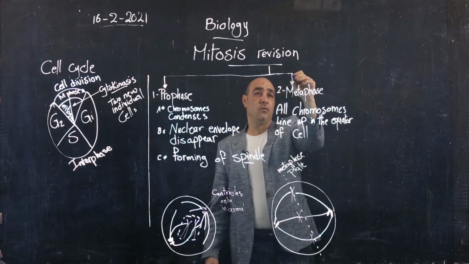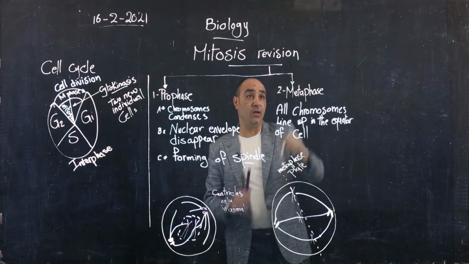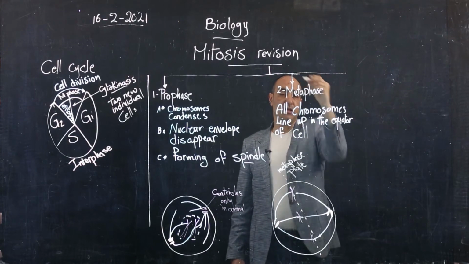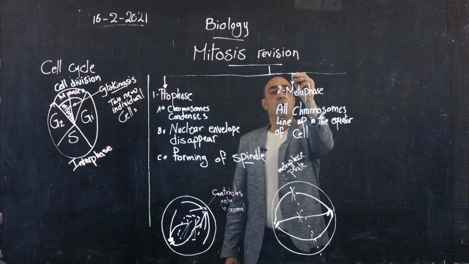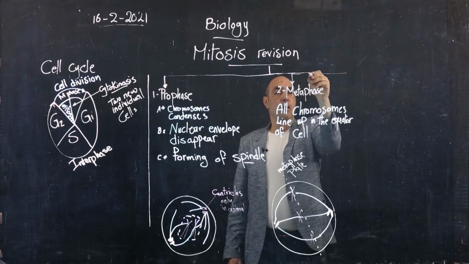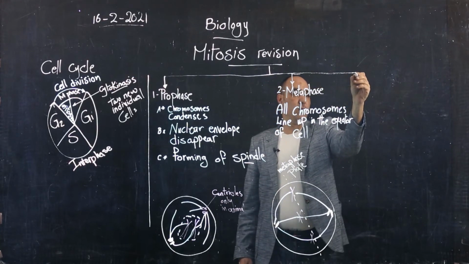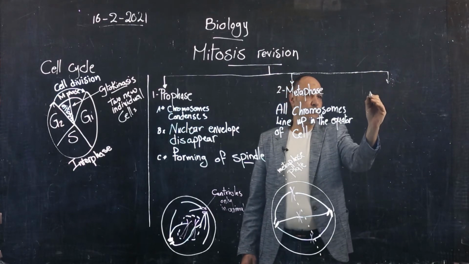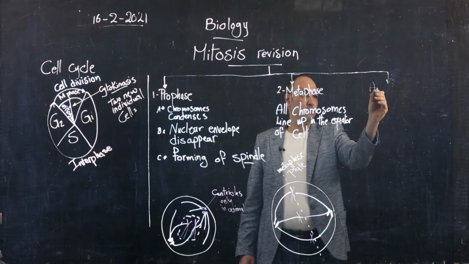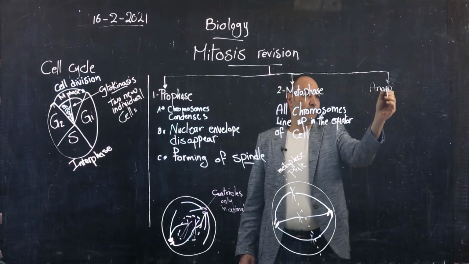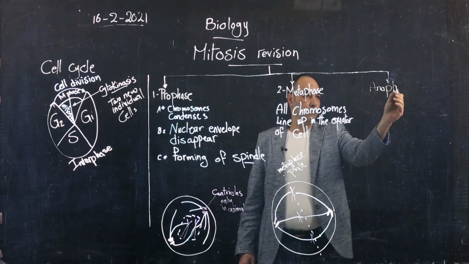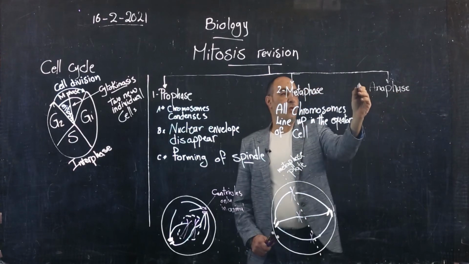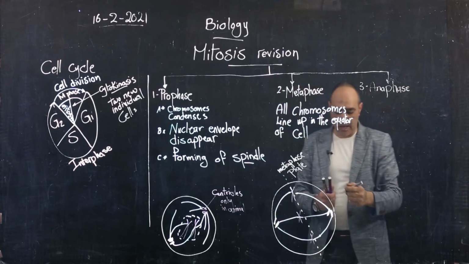Then this finishes the metaphase, and you go to the next phase, which is called the anaphase. So the third phase of mitosis is called anaphase.